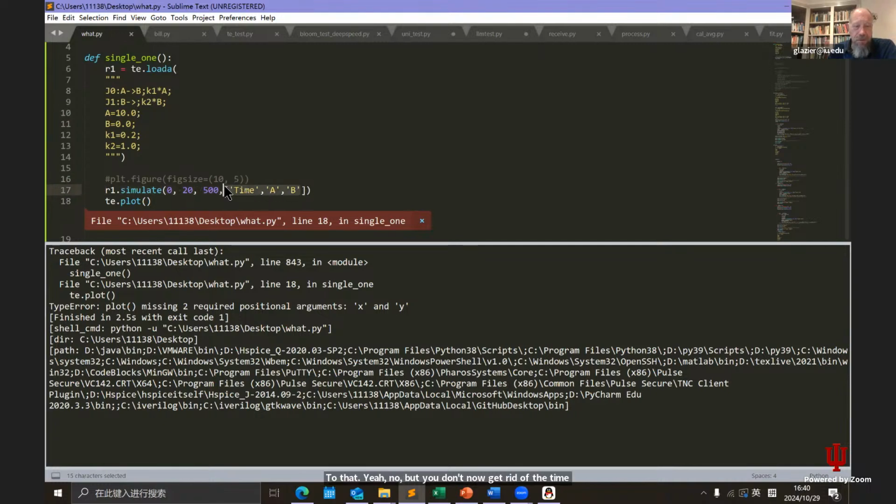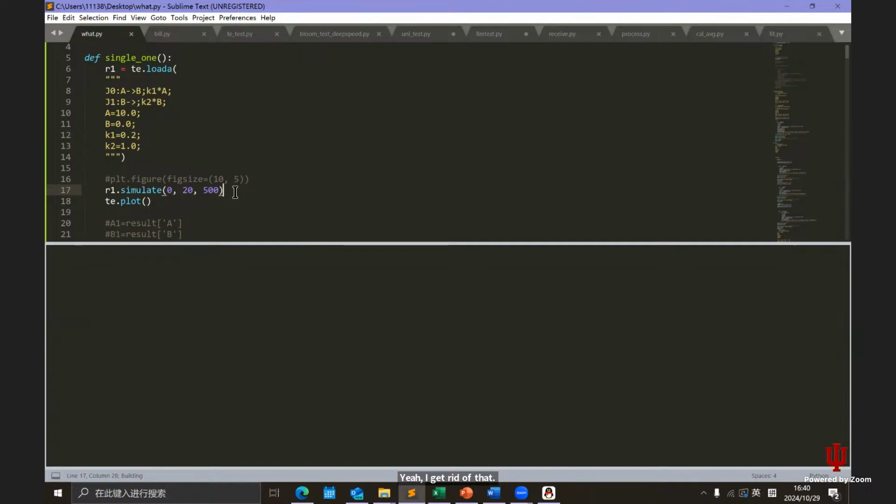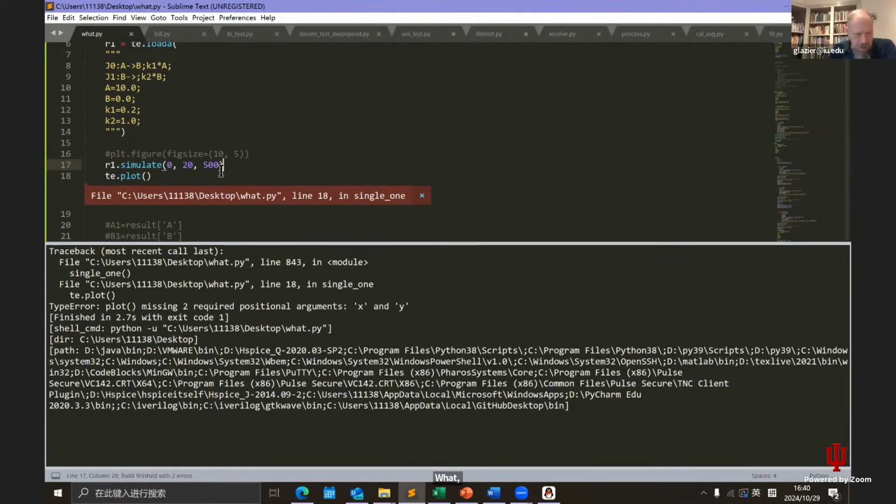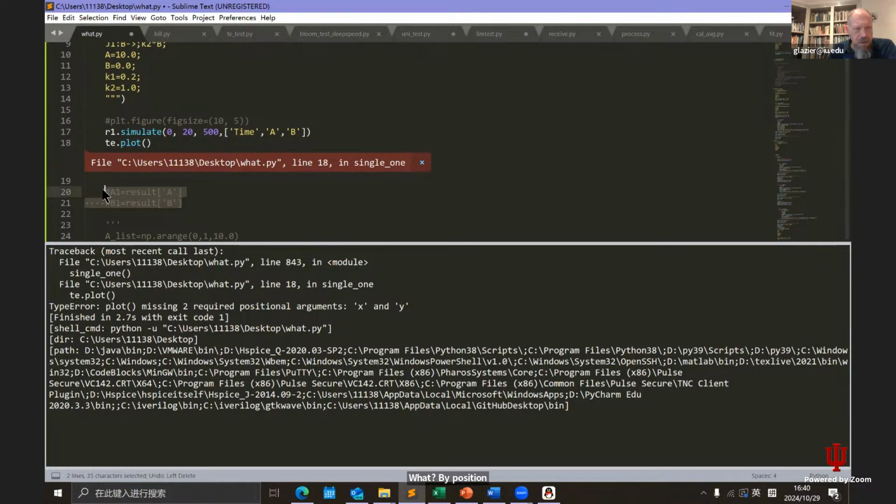Yeah, get rid of that. That's it. What? By position arguments. R dot simulate. Hold on a sec.